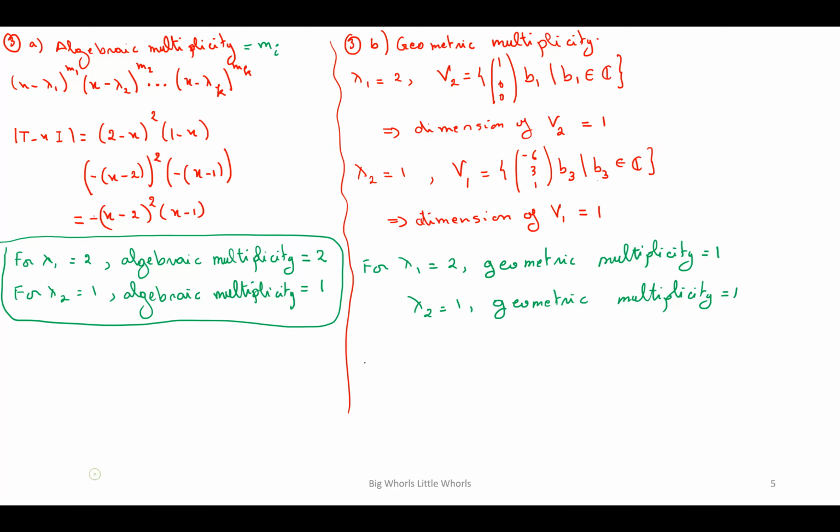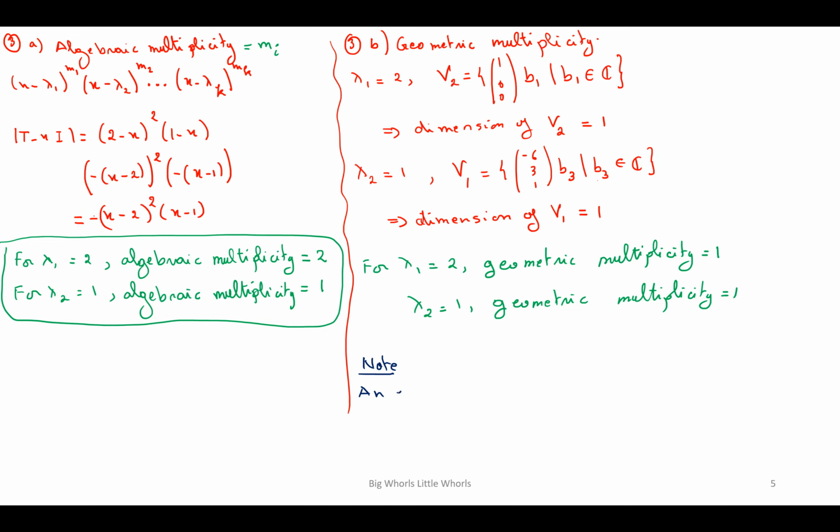I didn't give it in the lecture. The note here is that the geometric multiplicity of the eigenvalue must be less than or equal to the algebraic multiplicity. So in some questions you can see that the geometric multiplicity can be equal to 2 or equal to 3, but note that the geometric multiplicity can never be greater than the algebraic multiplicity.